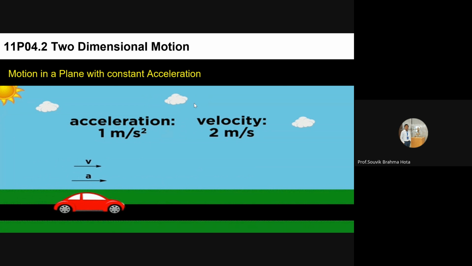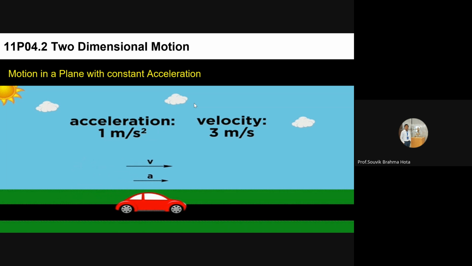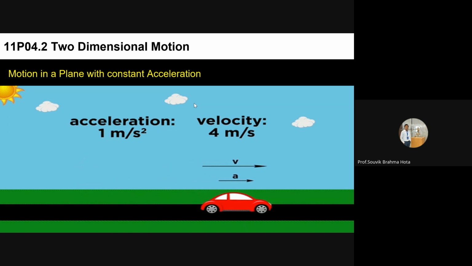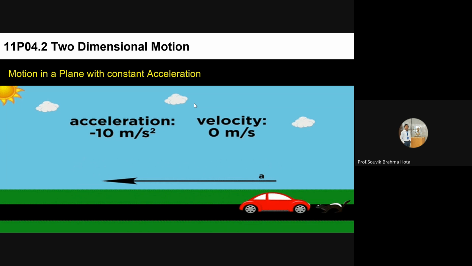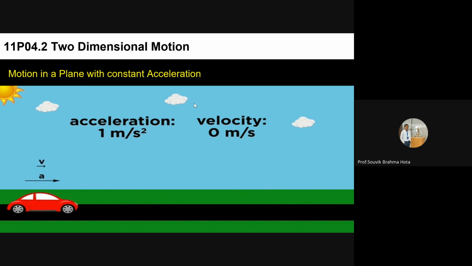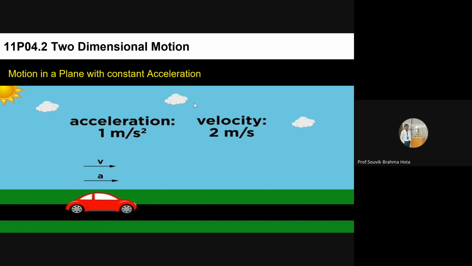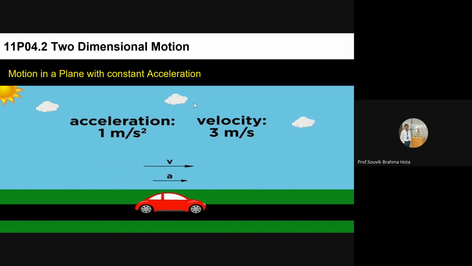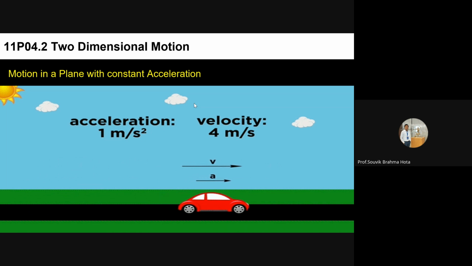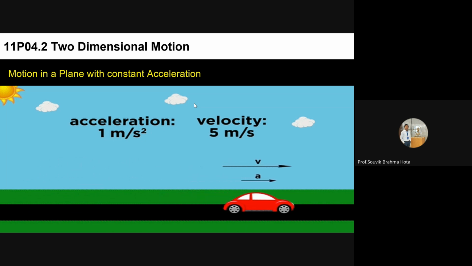This velocity keeps changing because the acceleration is 1 meter per second square, so for every 1 second the velocity is increased by 1. So initially 1 meter per second square acceleration. So velocity in 1 second becomes 1 meter per second, in 2 seconds becomes 2 meter per second, in 3 seconds becomes 3 meter per second. Like that it increases. So it has a linear relationship like that. Okay.